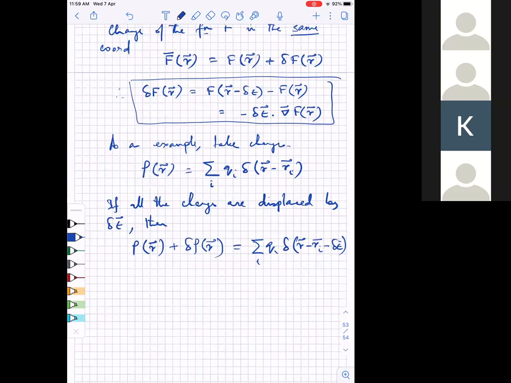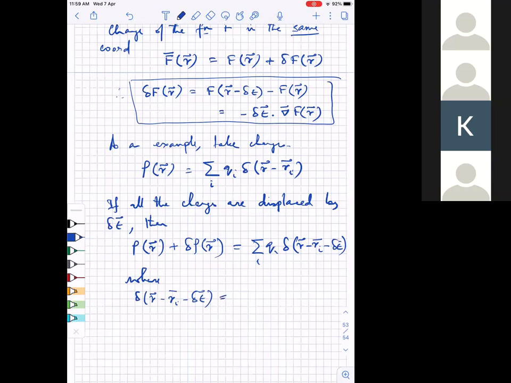Okay, so now I can write down delta of r minus ri minus my delta epsilon, this small displacement. Because all of them are in the same coordinate, I can do exactly like previously.